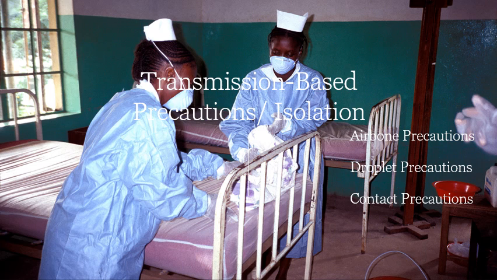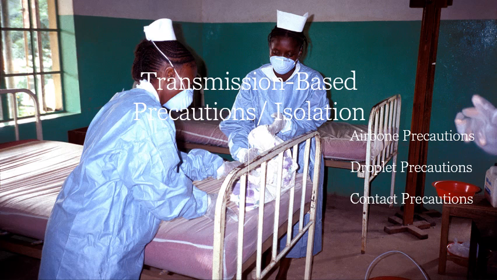Droplet precautions are measures to block infectious pathogens that exist as just moist droplets. They're usually larger than 5 microns, so they can't travel as far. When you cough or sneeze, it can go maybe 3 feet or less, but those moist droplets can cause contamination and can be inhaled by the person standing in close contact, less than 3 feet.